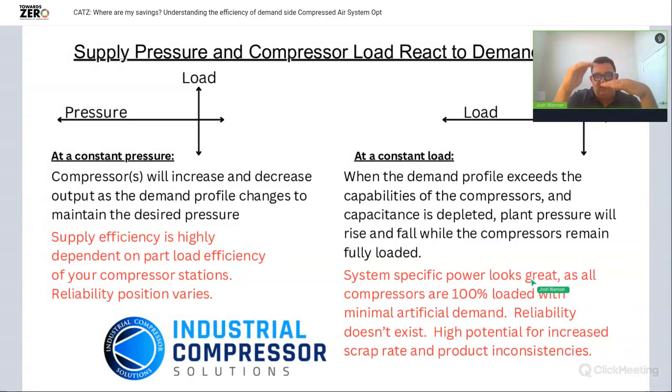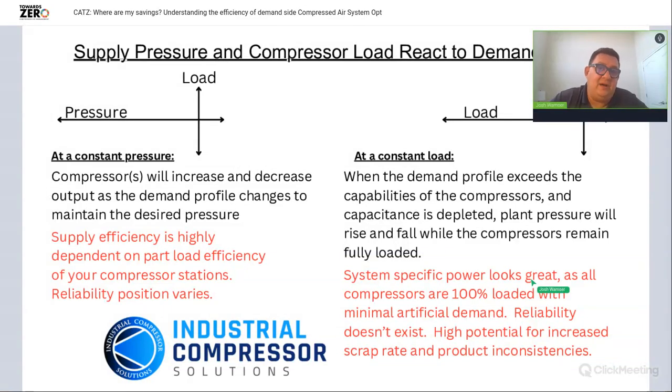Now, like we said, when the demand profile exceeds the capabilities of the supply, first of all, the capacitance will drop, pressure will reduce, and now you're operating below your unload set point. So all compressors are running fully loaded, and plant pressure is varying up and down as the load changes. In this case, the funny thing is that system specific power actually looks better at the reduced pressures because the air compressors take less power to run at lower pressures.